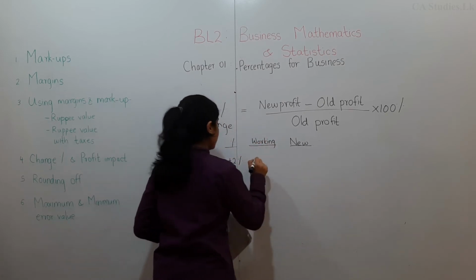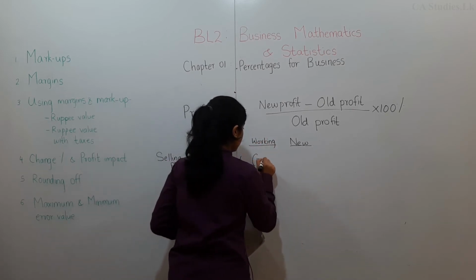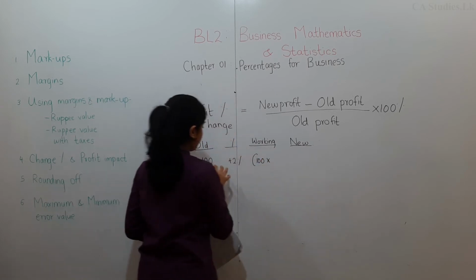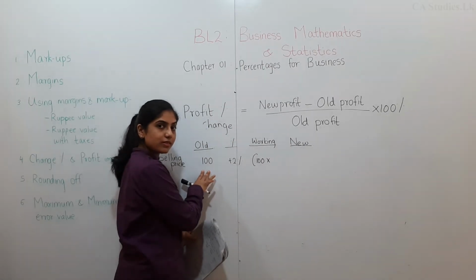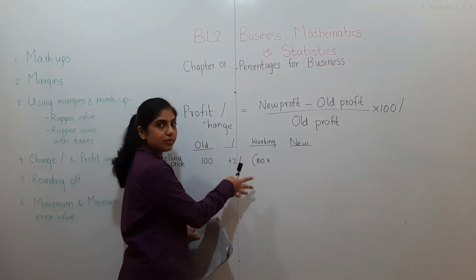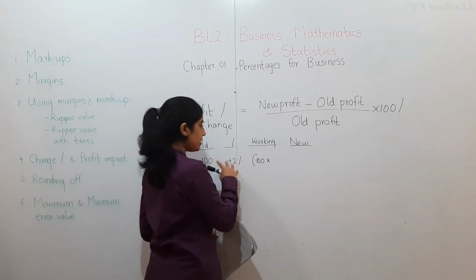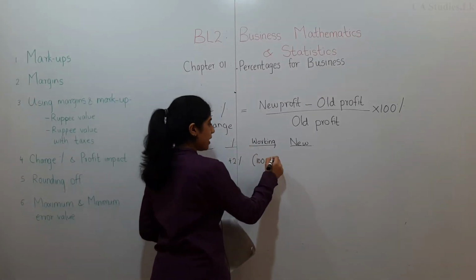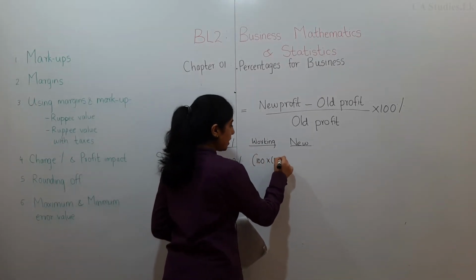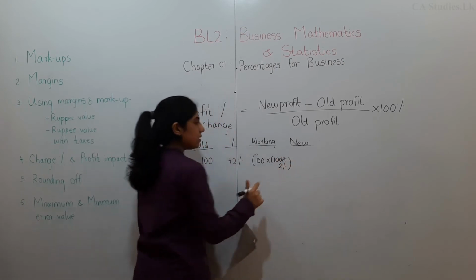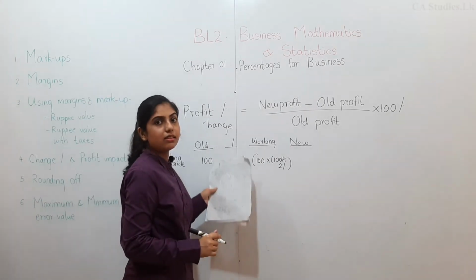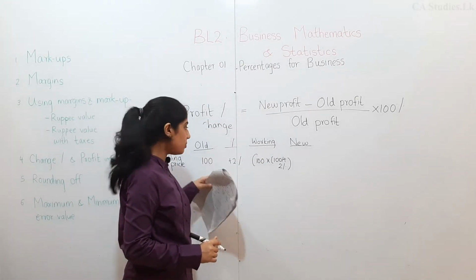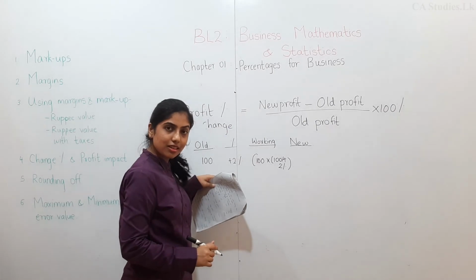This is the working. Working is 100 rupees. Now we are calculating from the old price. So you can increase it by 2%, right? So directly you can apply 100 plus 2%, because they didn't give the new price and ask you to calculate the old price. They gave you the old price, and the old price is the base.